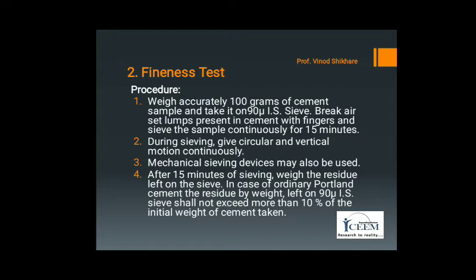The specific surface acts as a measure of the frequency of particles of average size. The specific surface of cement should not be less than 2250 centimeter square per gram. It means the specific area of cement particles is not less than 2250 centimeter square per gram.